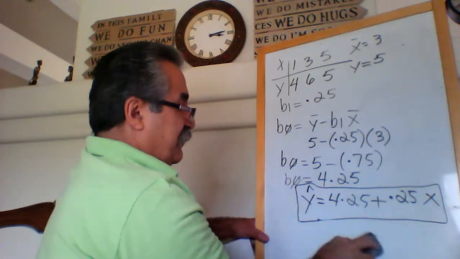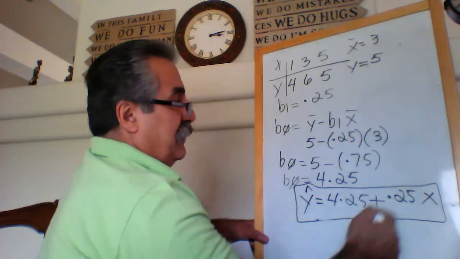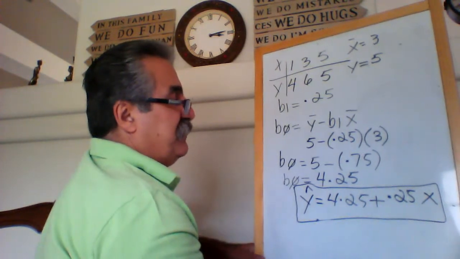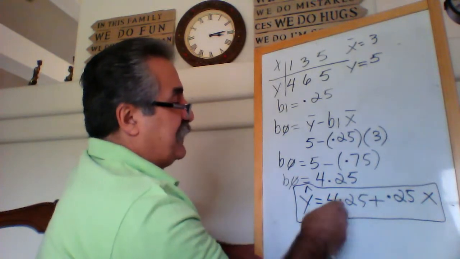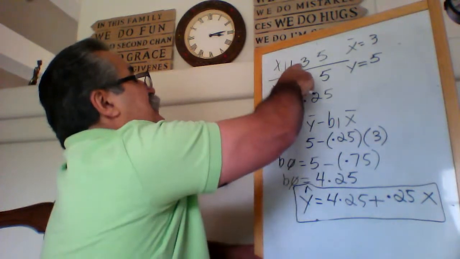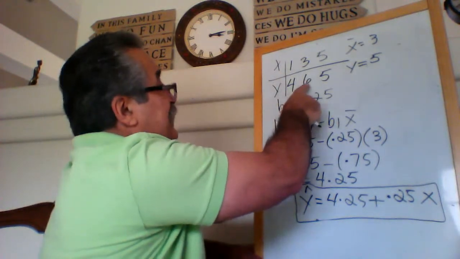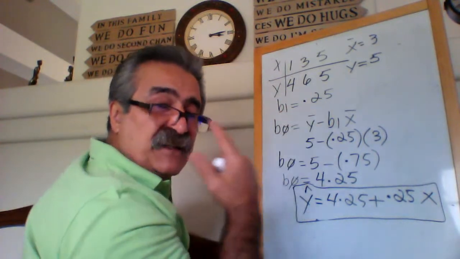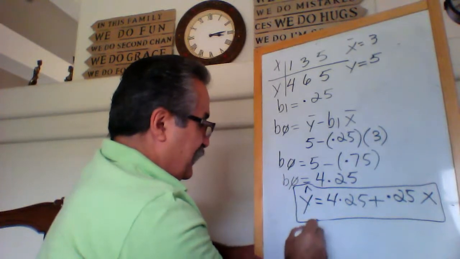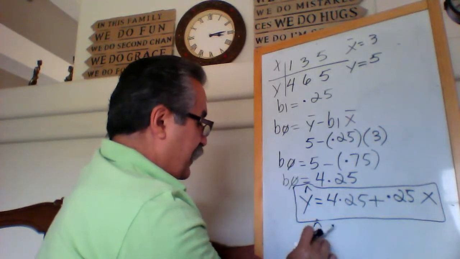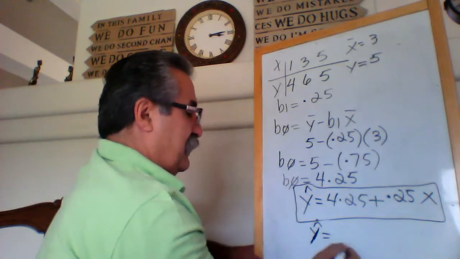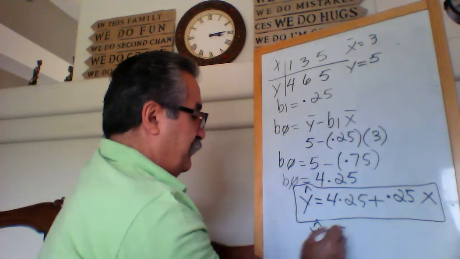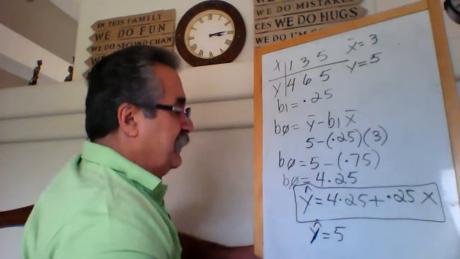If x is equal to 3, 3 times 0.25, that's 0.75, plus 4.25, that's 5. So when x is equal to 3, the actual value of y is 6, but we come up with an estimated value of y being equal to 5, which is close enough.